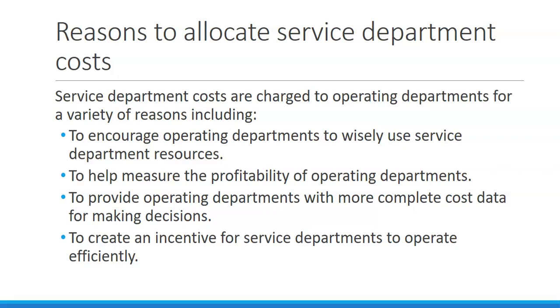It creates an incentive for service departments to operate efficiently and to provide more services within our company. The better service they provide, the better our entire company runs, and they give us more complete cost information for making full decisions. So how much does it really cost when we take into consideration all of those service and administrative costs?